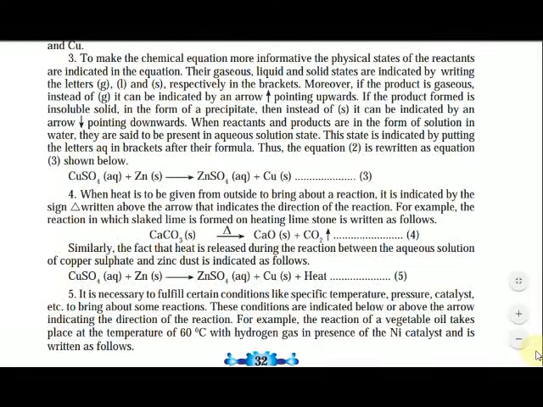Fourth one, when heat is to be given from outside to bring about a reaction, it is indicated by the sign triangle.